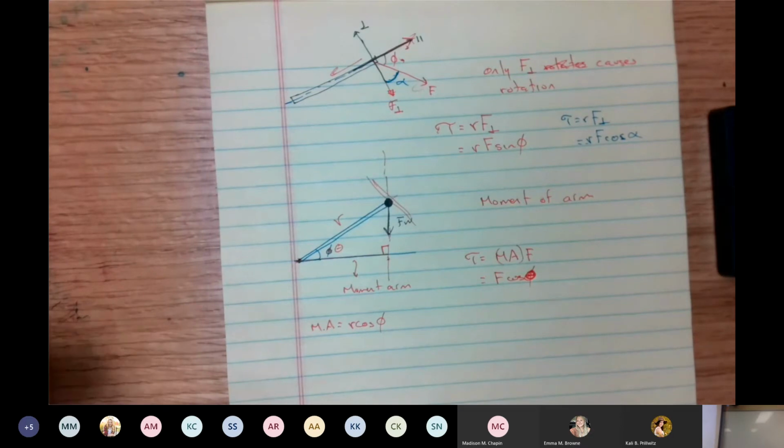If you want to see it in terms of phi, I'm gonna call this angle phi.